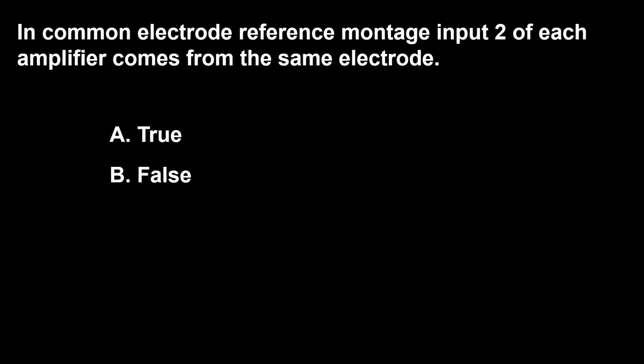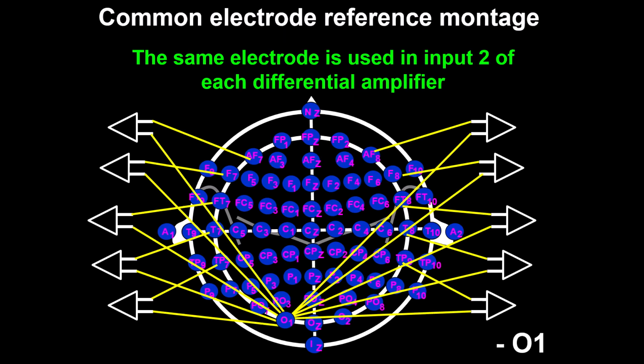The first question is, in common electrode reference montage, input 2 of each amplifier comes from the same electrode. A true, B false. You would think that the answer to this question has a straightforward answer, but it does not. The term common electrode reference montage has been used to describe multiple arrangements.